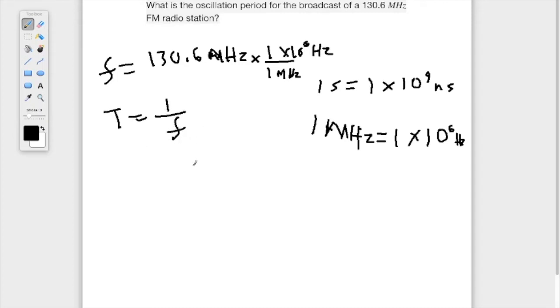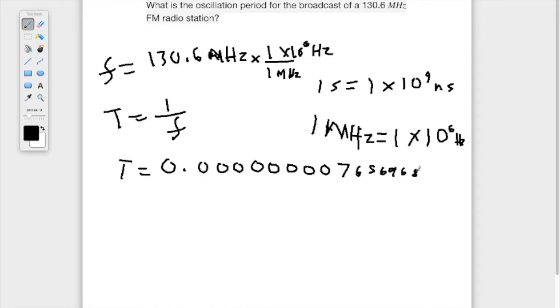So when you calculate the period, you should get something really small, like pretty much you're gonna get 0.00000000765968 seconds. Let me just double check.